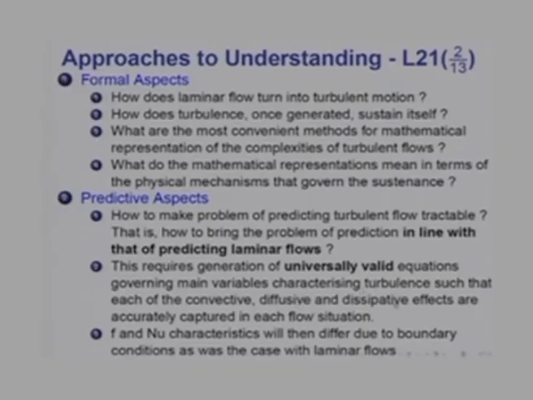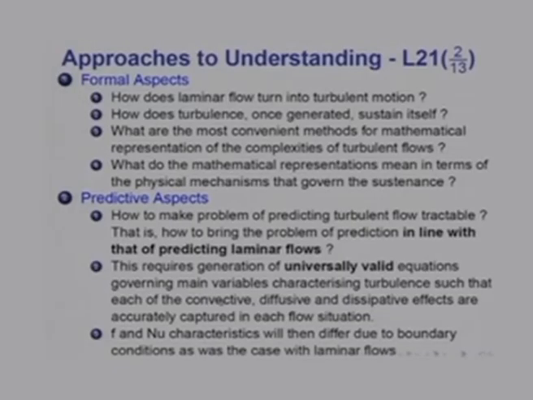And once we have such equations, then from one situation to another situation, the equations would simply be subjected to different boundary conditions to obtain f and Nu characteristic for each situation. This would be just like predicting laminar flow then, only the equations are different, or they might even be similar, but that we will discover as we go along.